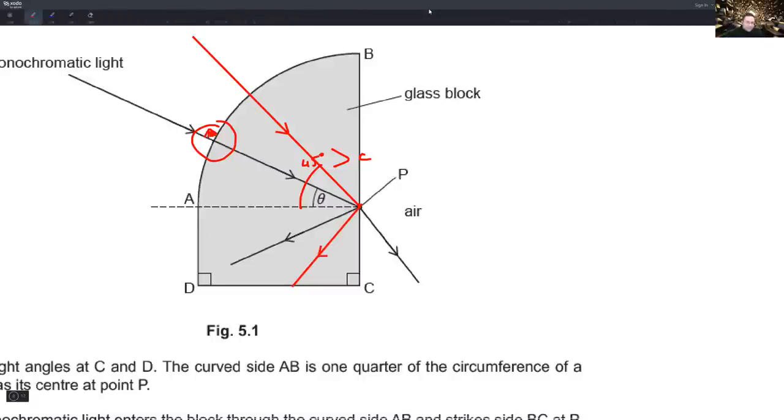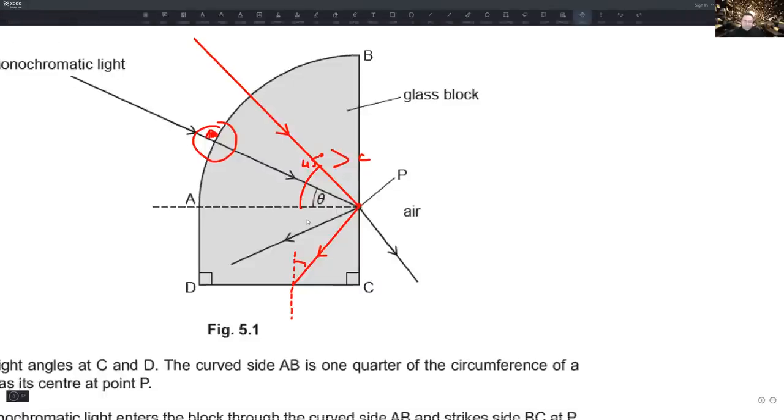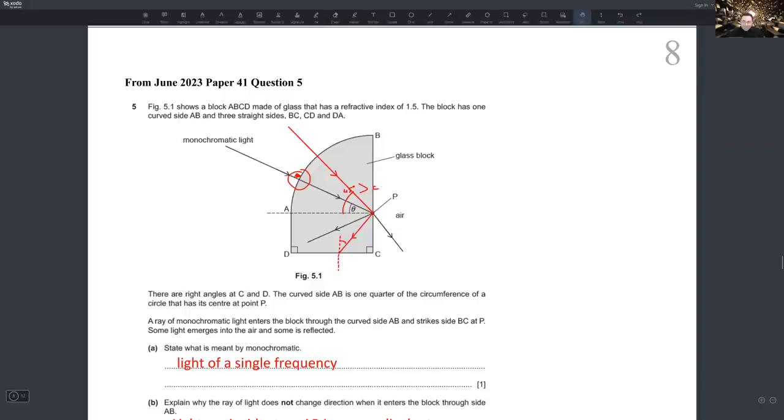Tell you what, just by looking, is this more than critical? Mathematically, just by looking, is this more than critical? I'll wait.